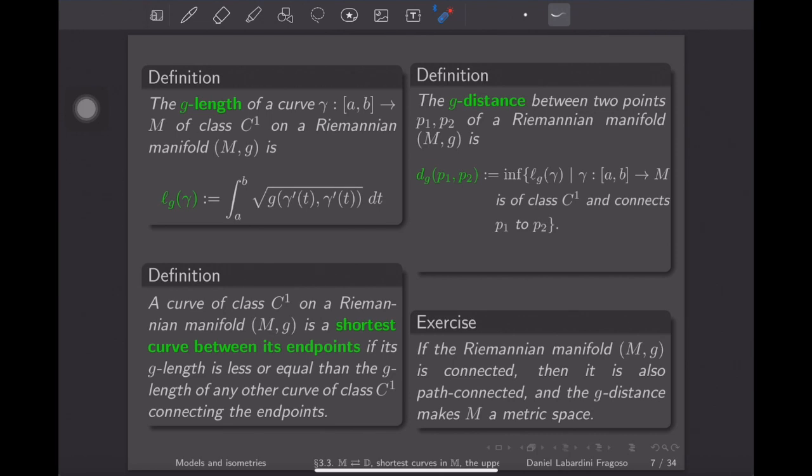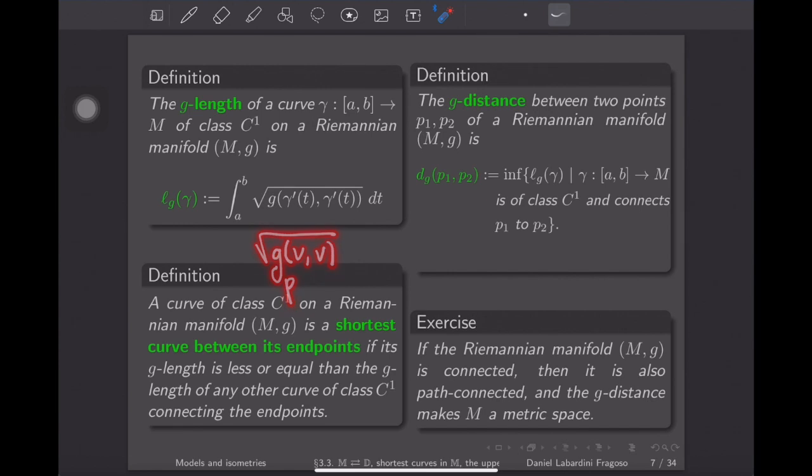The norm of the tangent vector would be the square root of the inner product evaluated at v comma v. Of course, if v is based at the point p, here I would have to say p.